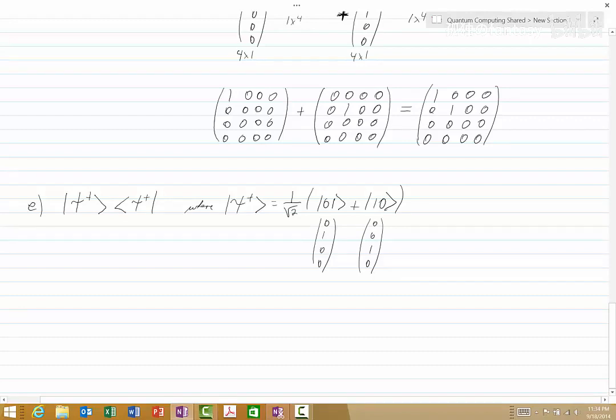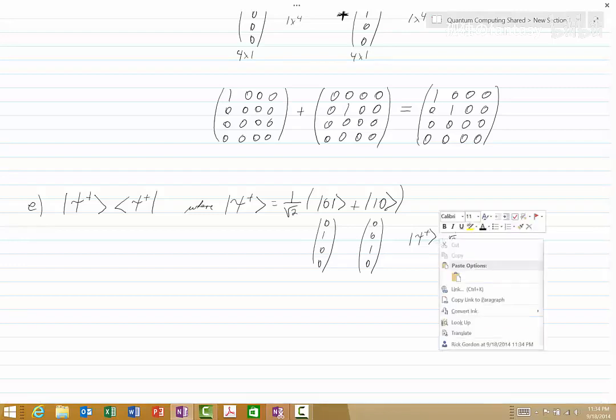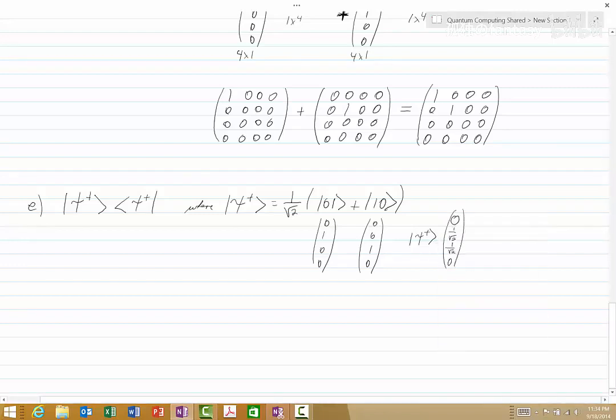So the vector corresponding to psi plus, when we add these together and multiply by 1 over square root of 2, is 0, 1 over square root of 2, 1 over square root of 2, 0. That is the column vector that corresponds to C+.